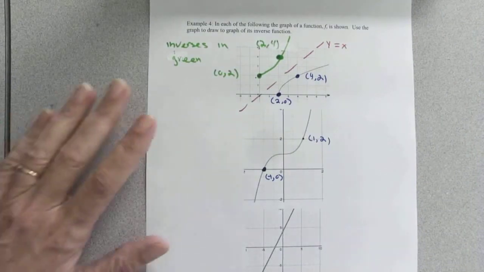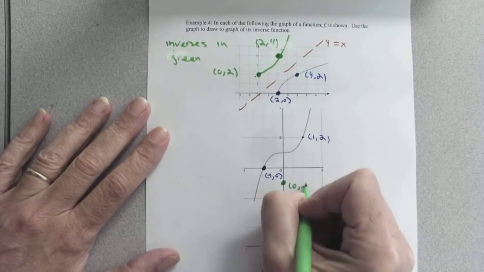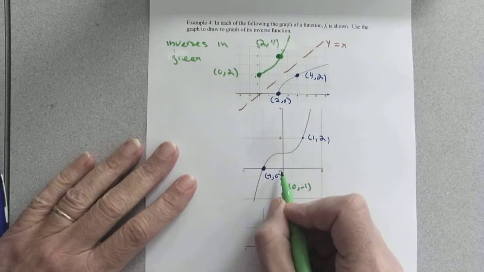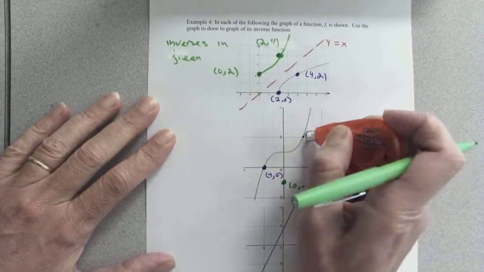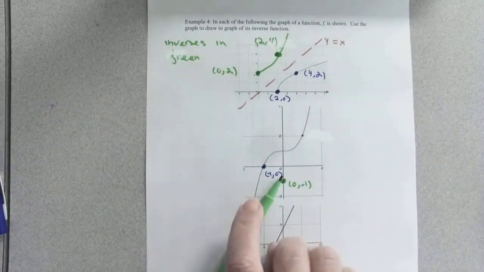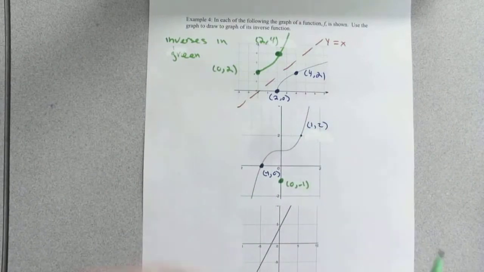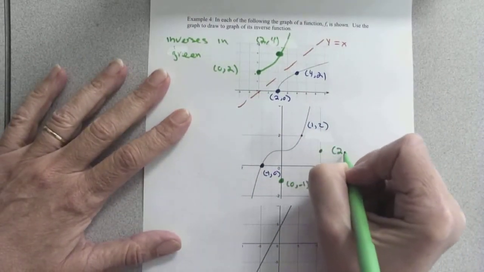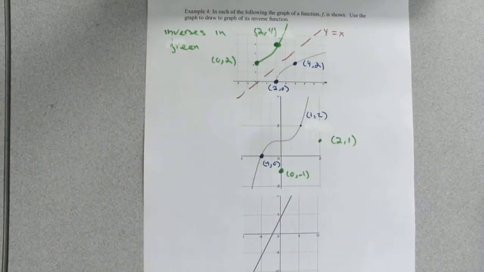So that means we're going to have (0, -1) right there, and we're going to have (2, 1). I'm going to have to move this, it's kind of in the way. I'll just move it up a little bit. Then we're going to have the point (2, 1) right there. The points get turned around.